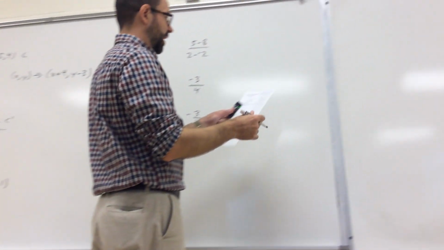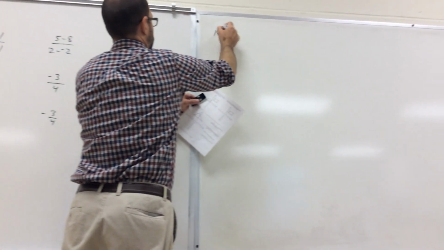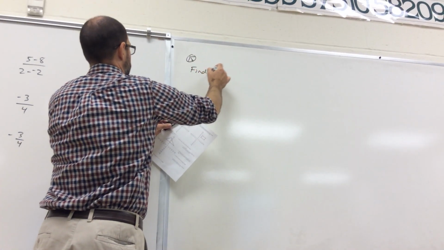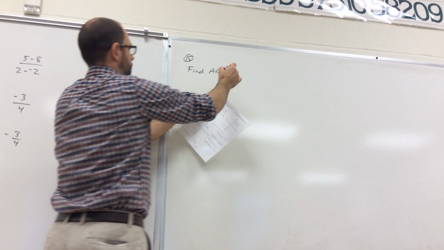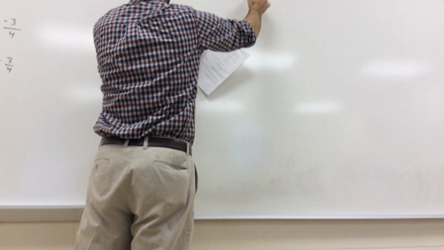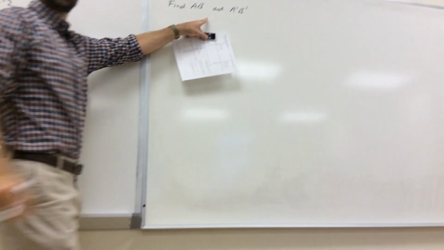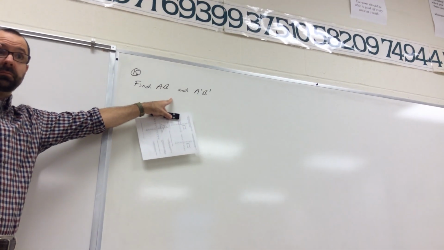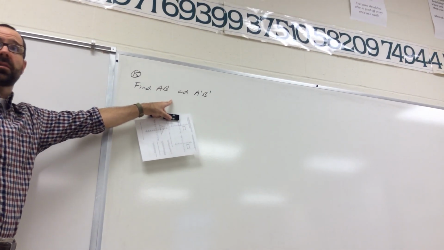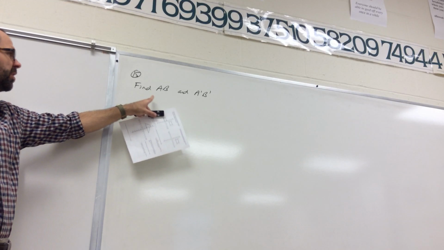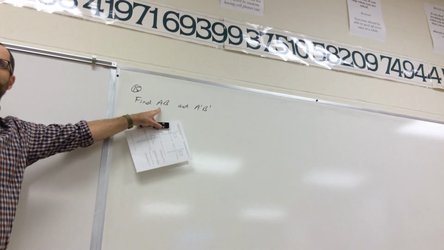Okay, now 15 says find AB and A prime B prime. So that's kind of disguised directions.